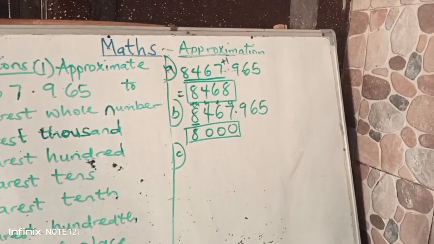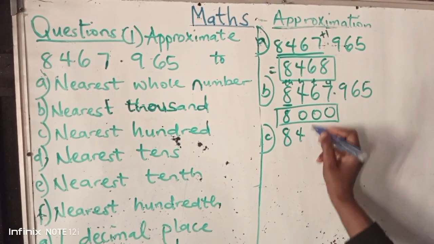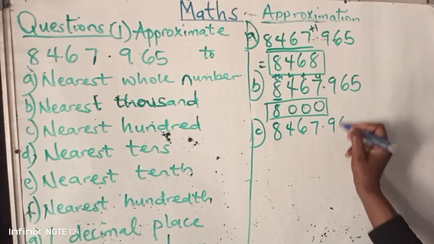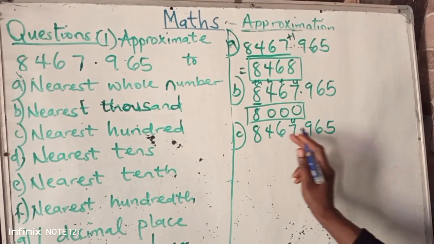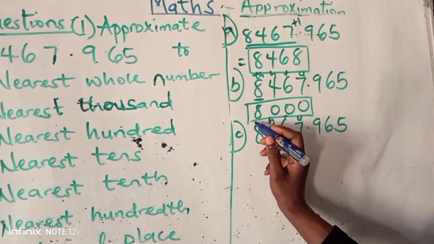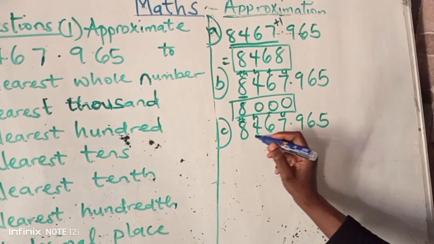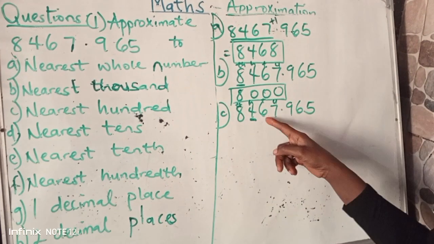Question C. Nearest 100. Same procedure. Identify the number that is under your 100. 7 is the unit, 6 tens, 4 is 100, and 8 is 1,000. So underline 4, which is our 100. Now check the next number after 4.